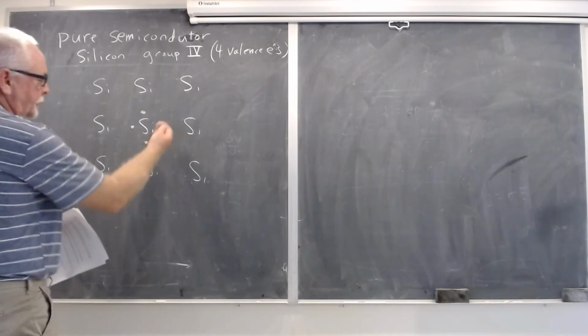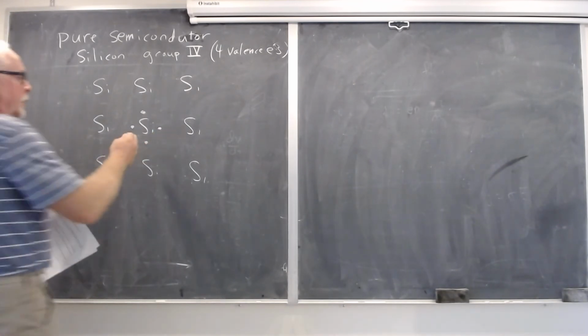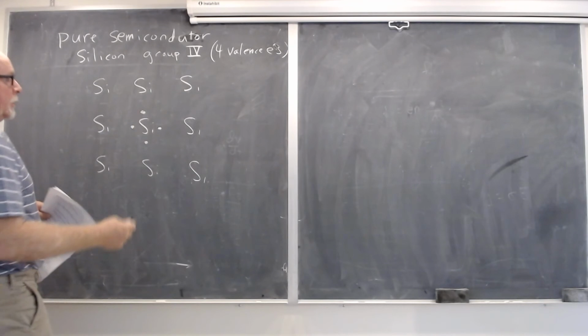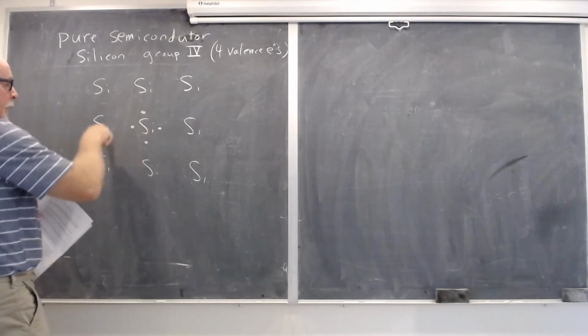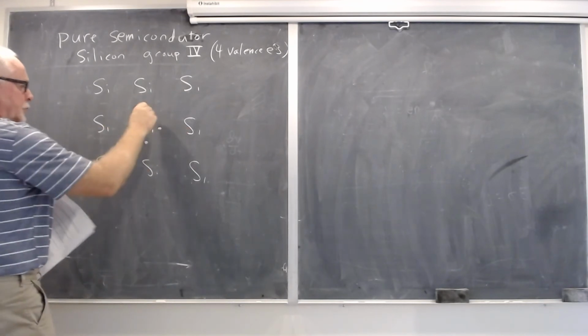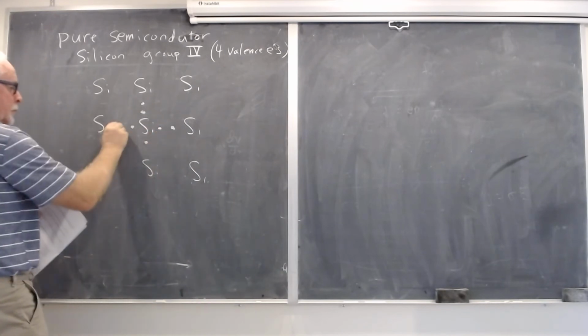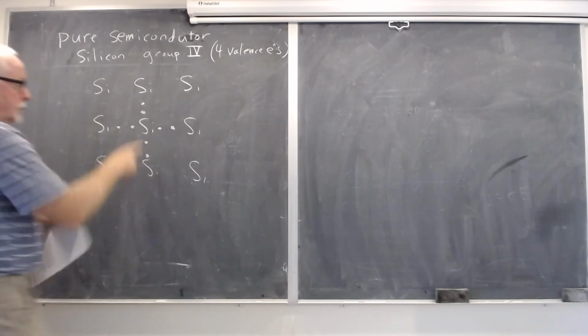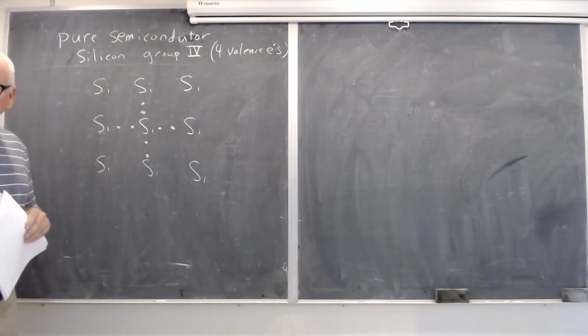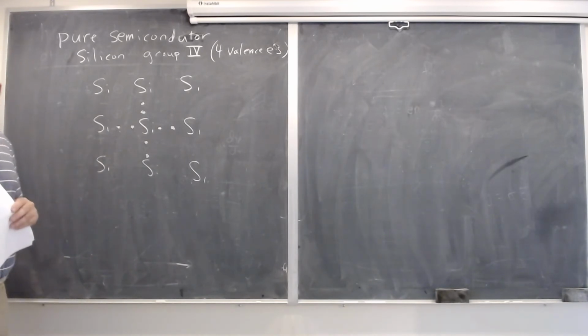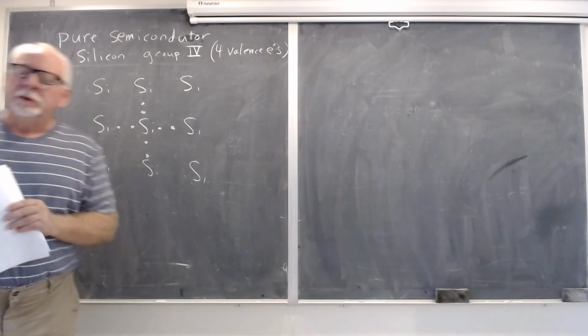So this is just sort of schematic here on the board, showing them bonded in a plane here. But basically, each of those 4 silicon atoms contributes a valence electron.